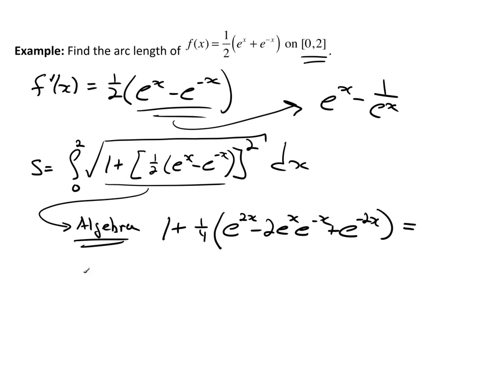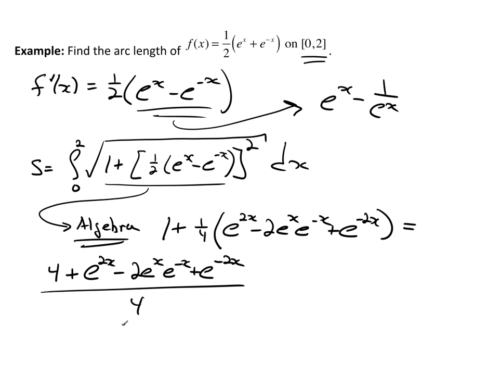This whole thing will be equal to (4 plus e to the 2x minus 2e to the x times e to the negative x, plus e to the negative 2x) all over 4. Now, e to the x times e to the negative x is e to the 0. That's just 1. So 1 times negative 2 is just negative 2. Now, if I add these together, I can combine these constants.